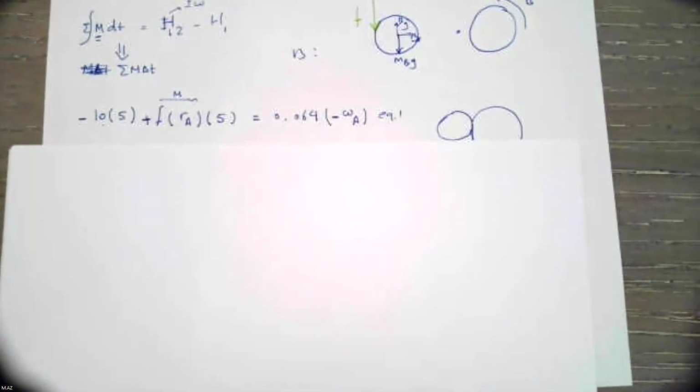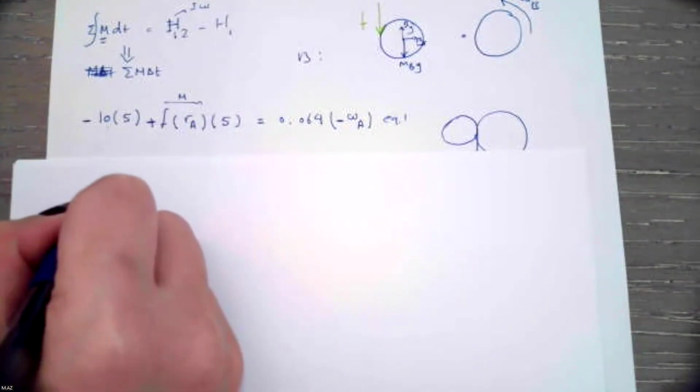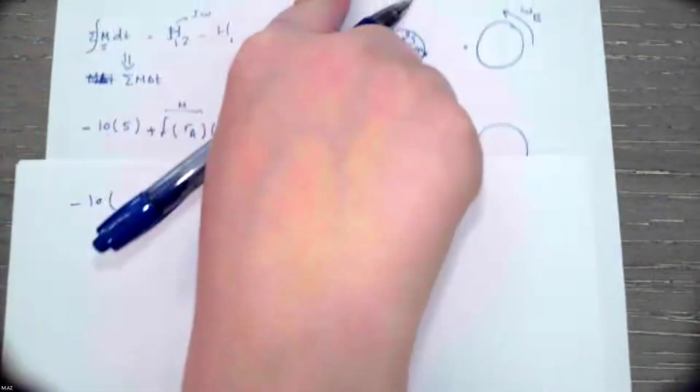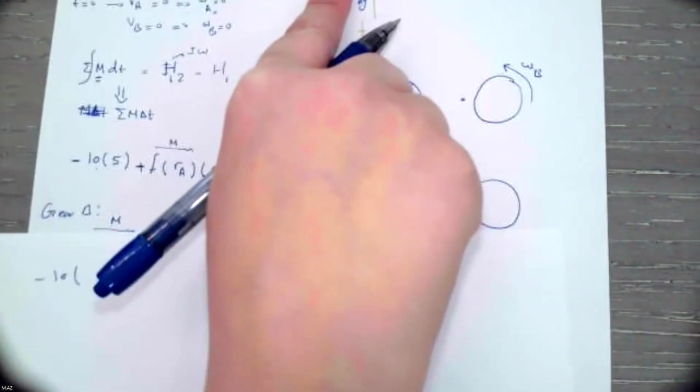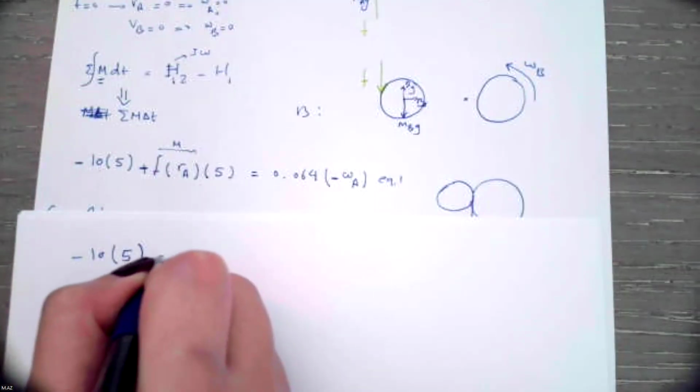For gear A, we have -10, the external moment again, times delta T, for these problems at 5 seconds.